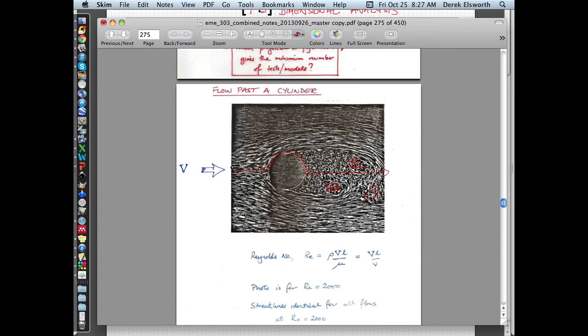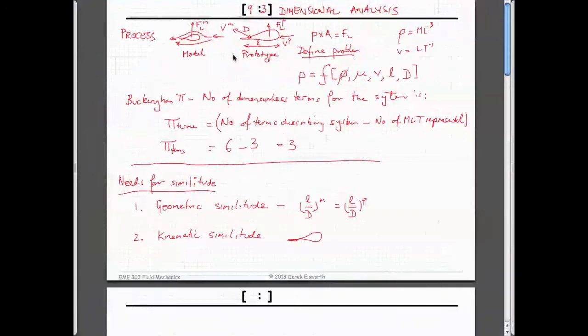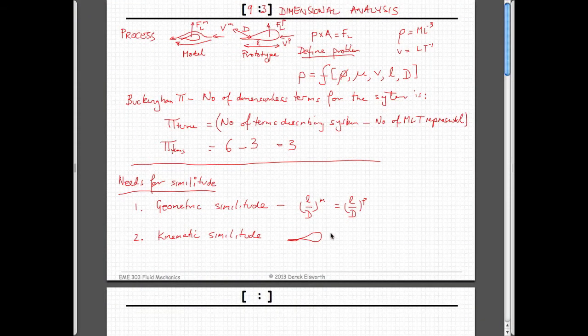And so it turns out that the index that we use to scale the kinematics, what the flow field looks like, is typically just the Reynolds number. Kinematic similitude really just means that we want to make the Reynolds number of the model equal to the Reynolds number of the prototype.